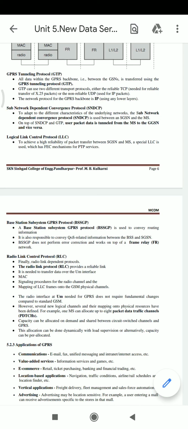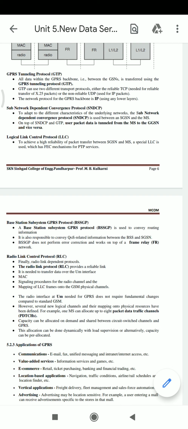So welcome back. We will continue with the remaining two protocols, that is base station subsystem GPRS protocol and radio link control protocol. Up till now we have seen three different protocols of GPRS, that is GTP, GPRS tunneling protocol, then SNDCP, subnetwork dependent conversion protocol.